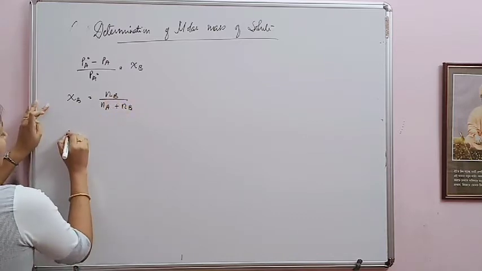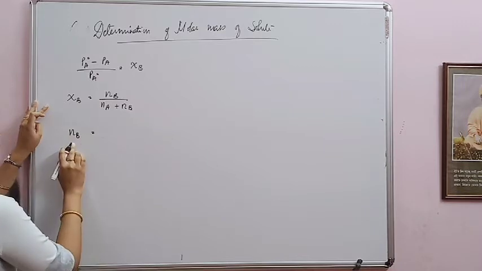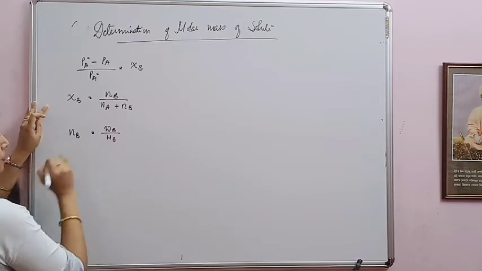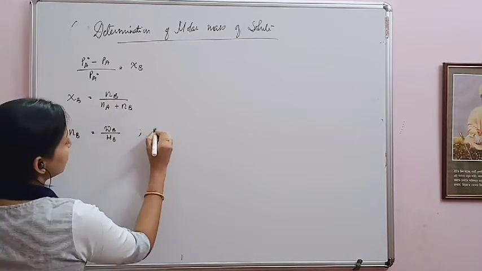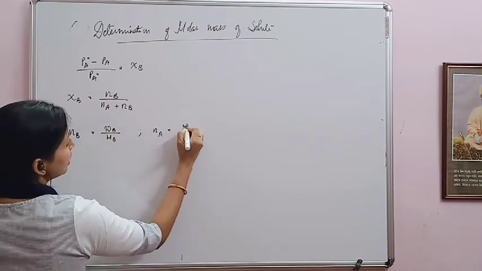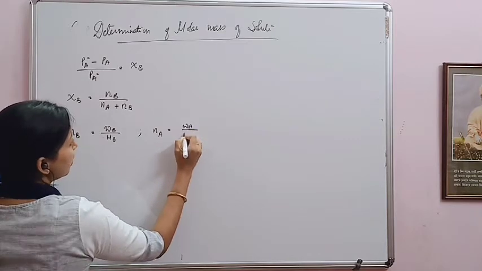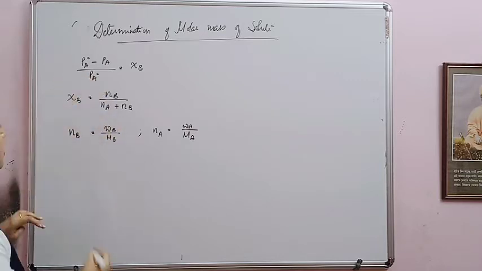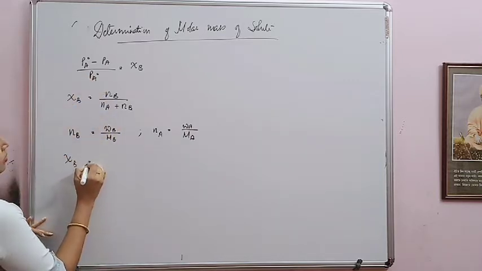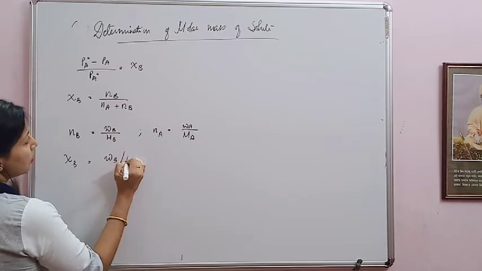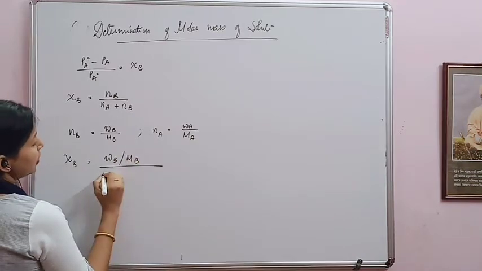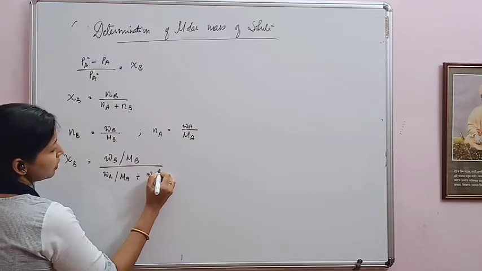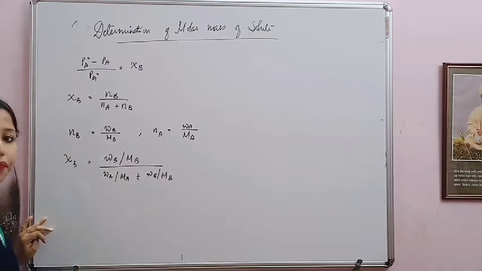Now, number of moles of solute is given mass by molar mass. Similarly, nA will be, that means for the solvent, it will be the given mass of the solvent, WA, by MA. Okay? So let's put this value here. So my chi B becomes WB by MB divided by WA by MA plus WB by MB.